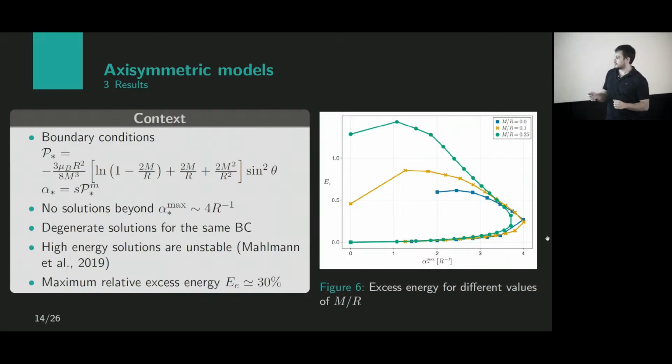And the second important thing here is that for essentially the same boundary conditions, you can find multiple solutions. So there is a degeneracy, and this is a problem because what you want usually is uniqueness. So you can see that each one of these lines, which correspond to different compactness, have multiple solutions for the same value of alpha max or S.